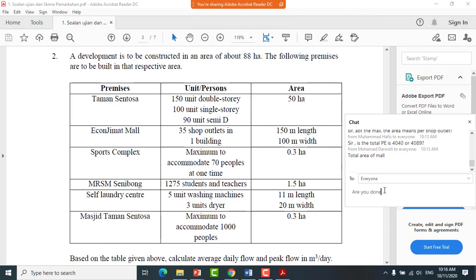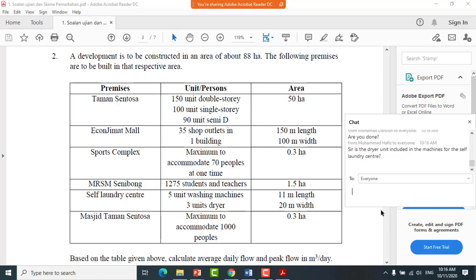Okay, are you done? Is the dryer unit included in the machines for the self-laundry center? You have to know, do we include dryers or only the washing machines?